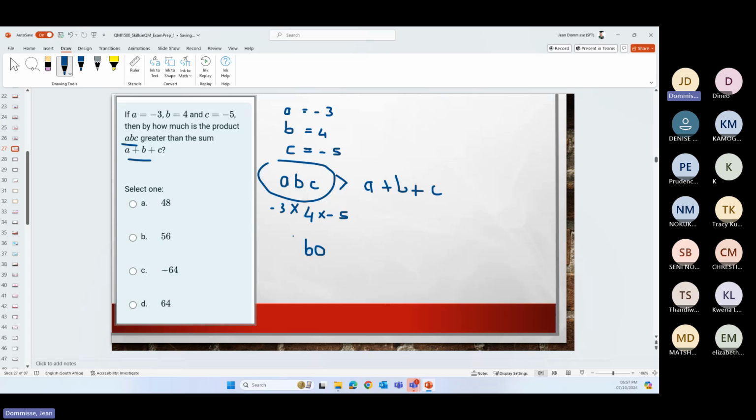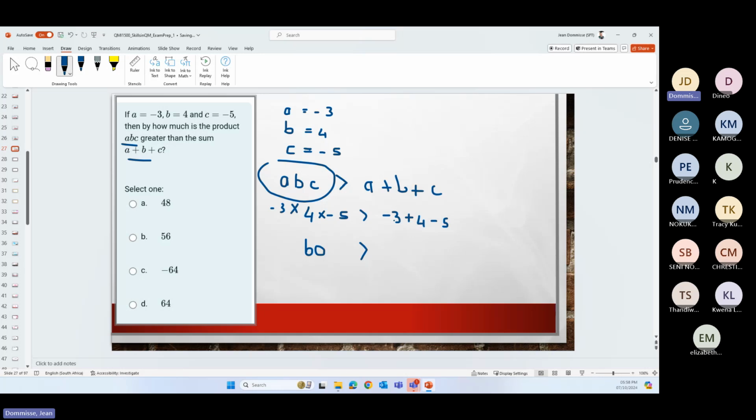ABC is 60. And then what is A plus B plus C, so that is minus 3 plus 4 minus 5.